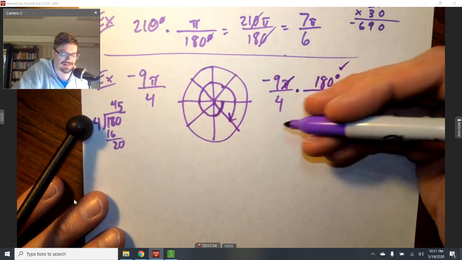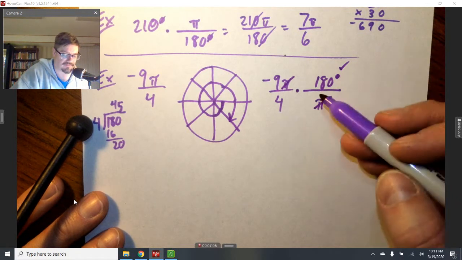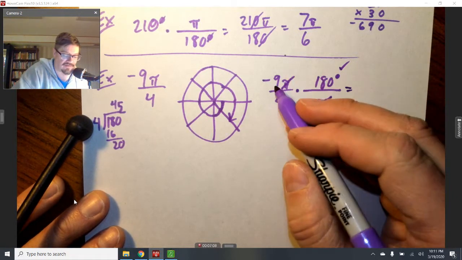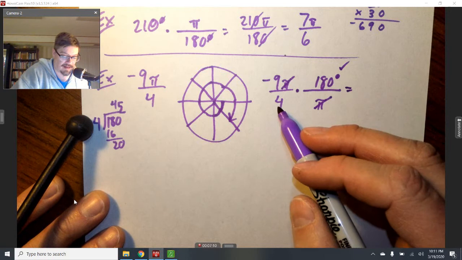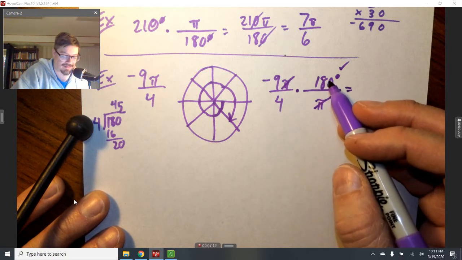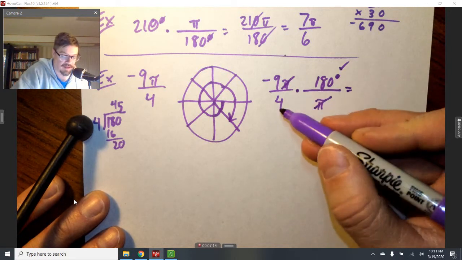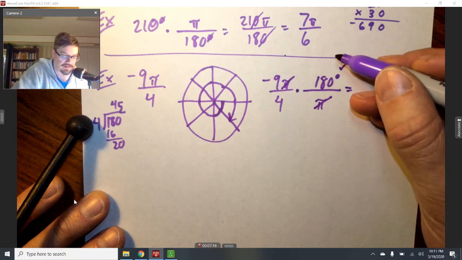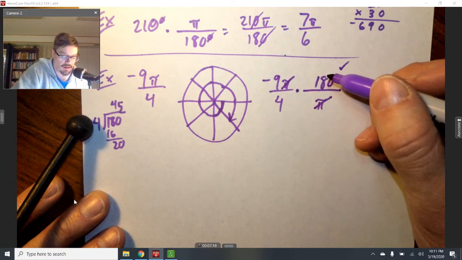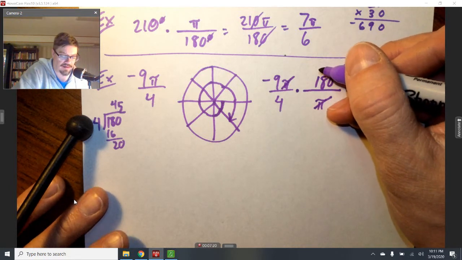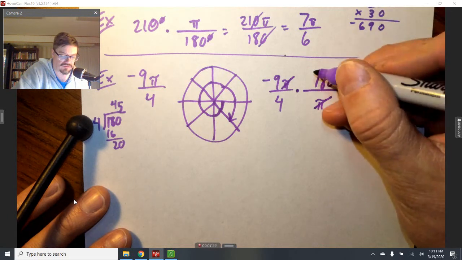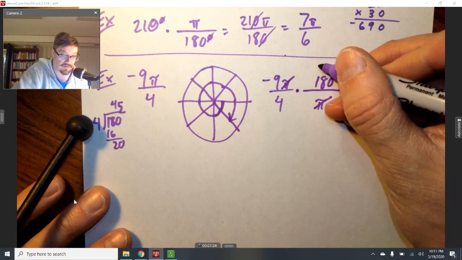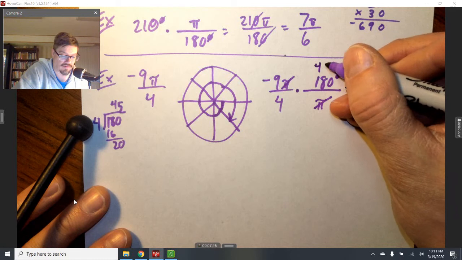So now I just have a fraction here. I know I'm going to have negative 9 times something, but I know 4 will go into this, maybe not evenly. So 4 goes into 45... brain freeze. Okay, 45 times.